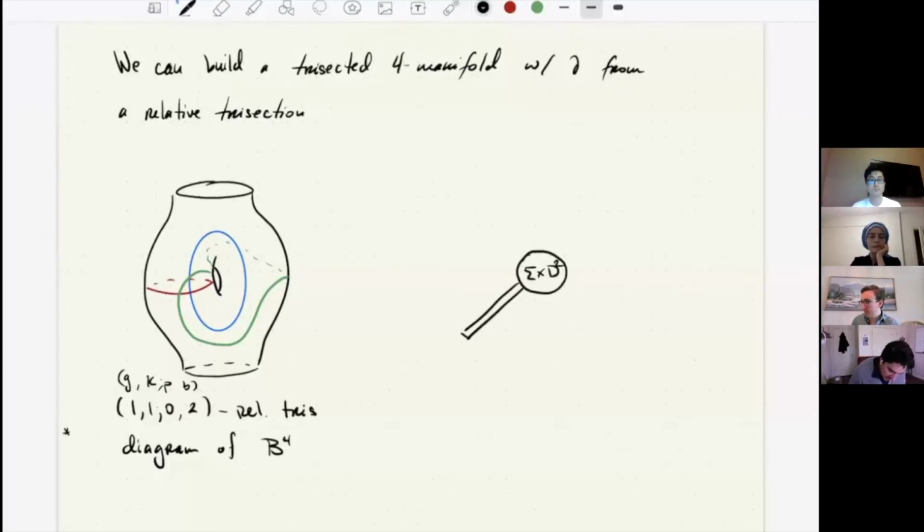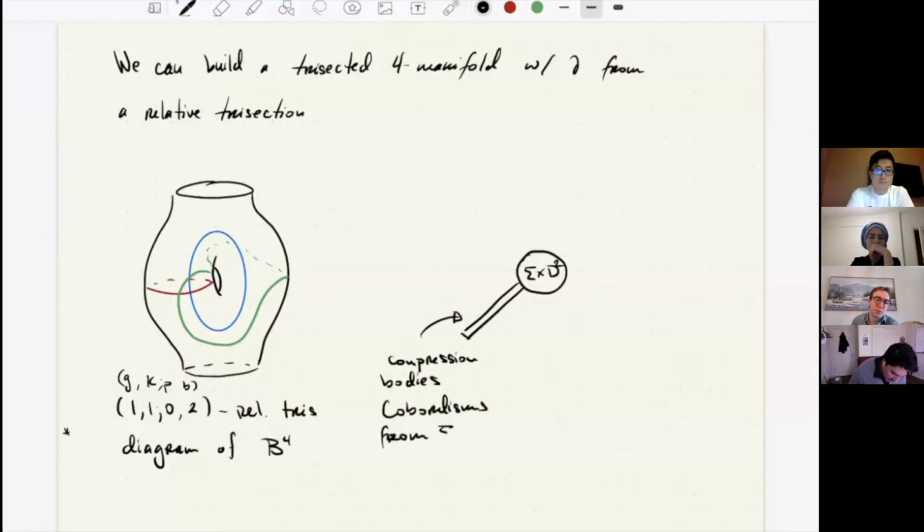These are what are called compression bodies, and these are really cobordisms from sigma to a genus P surface with B boundary components.